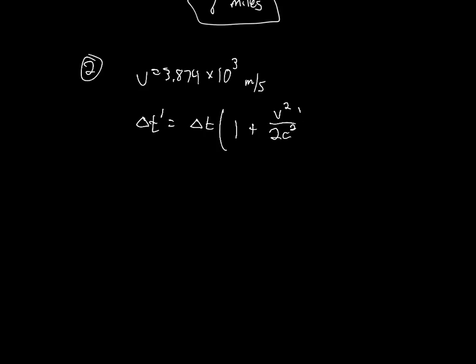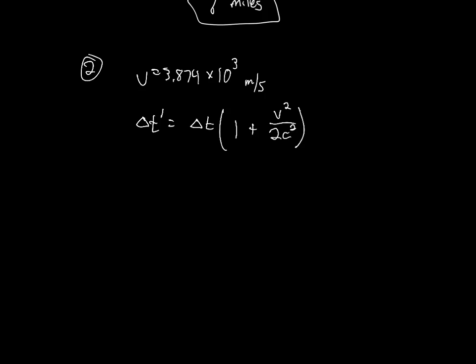GPS satellites move at a velocity of 3.874 times 10 to the third meters per second. And that's much less than the speed of light. So you can change the relativity equation so that it looks like this: delta t prime equals delta t times 1 plus v squared over 2 times c squared. So that's approximately the same result that you get from the time dilation equation.